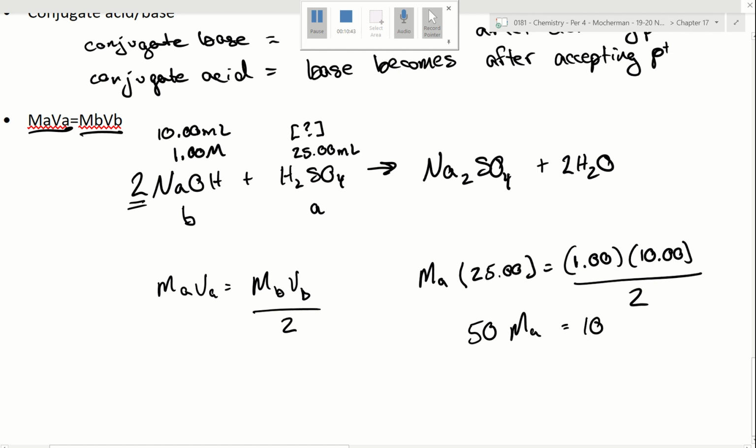We would divide by 50. And so we would find that MA is equal to 0.200 molar. And that would be our answer there. So that's a neutralization problem. You got a lot of practice with those and the other calculations in your worksheets. So hopefully you get how to do all these.